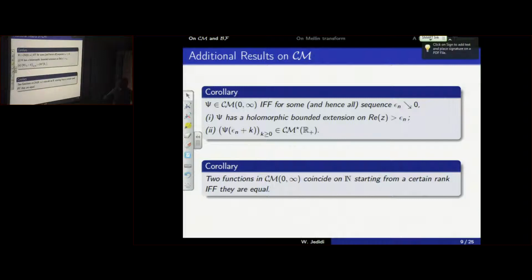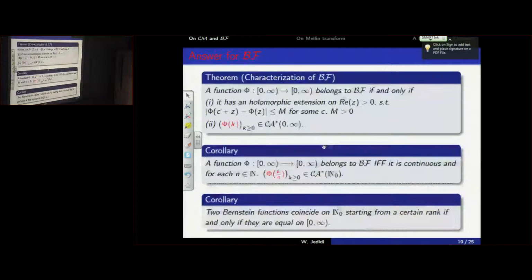Okay, but here we consider only the restriction of completely monotone functions along a part of the integers. Huh? What kind of tools did we use?